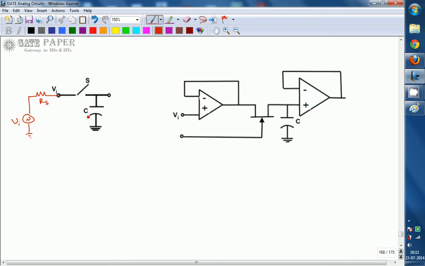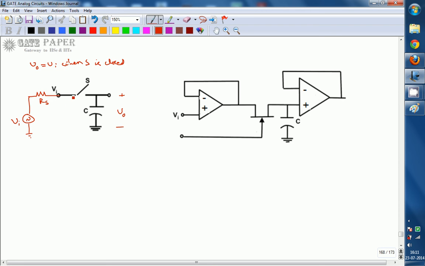This is the capacitance, its reactance is Xc, and the voltage across it is V0. V0 is the output of the sample and hold circuit, but you have to check whether V0 is equal to Vi or not, because our aim is that you must get V0 equal to Vi when the switch S is closed.